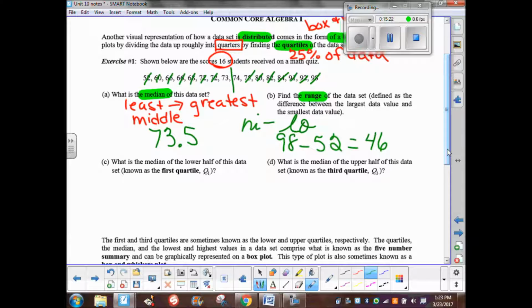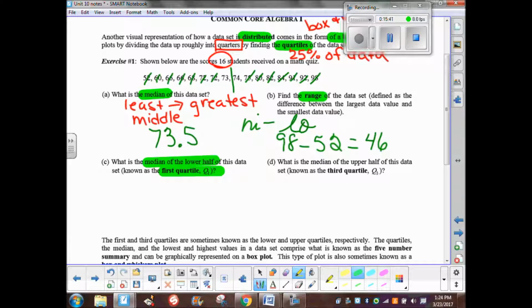Now it says, what is the median of the lower half of this data? That's known as the lower quartile. So the median of the lower half is called the first quartile, quartile 1, lower quartile, lots of synonyms.